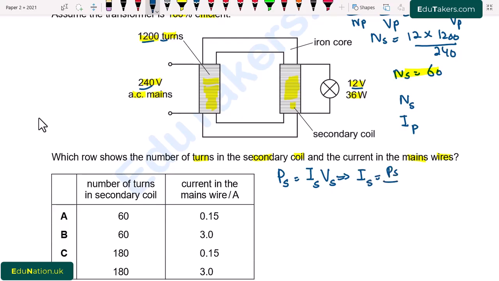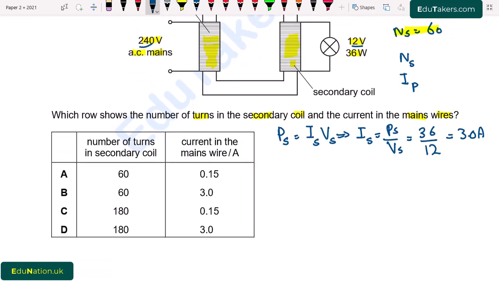From here I find out the value of current. Here is Vs. Power is 36 divided by 12. So it will be equal to 3.0 ampere. So this is the current across the secondary coil.